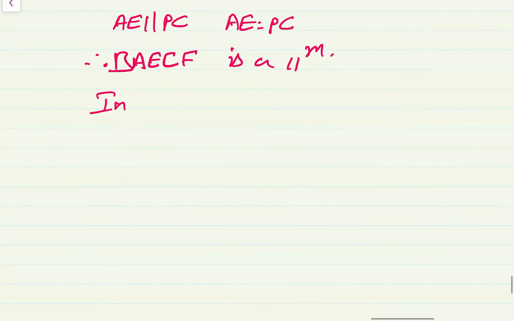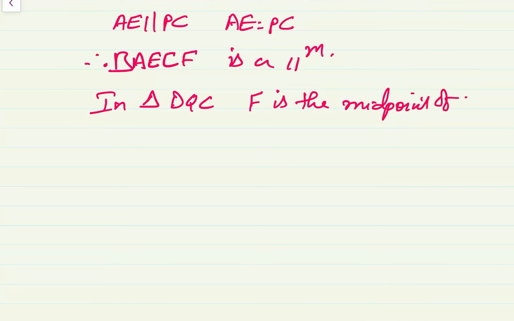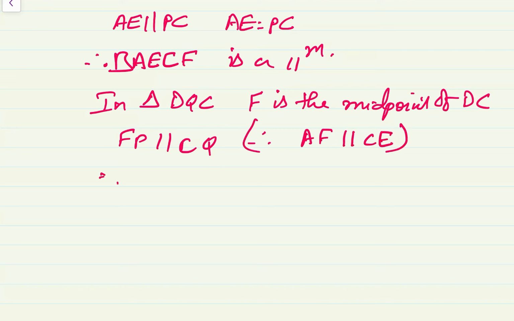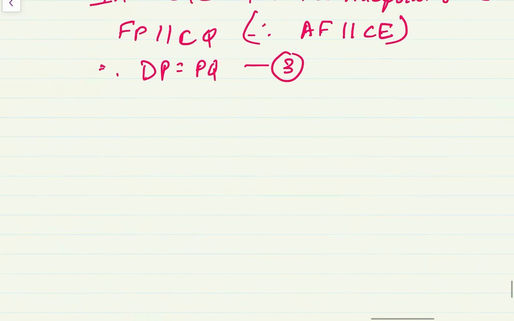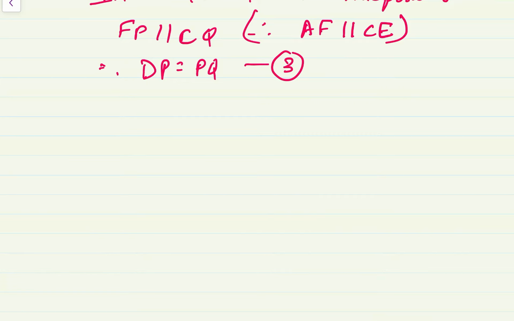Now in triangle DQC, F is the midpoint of DC and FP is parallel to CQ. This is because AF is parallel to CE. Therefore, DP is equal to PQ, by the converse of the midpoint theorem. Therefore, PQ is equal to BQ, that is the fourth result.